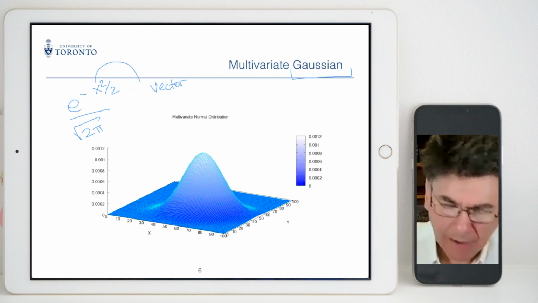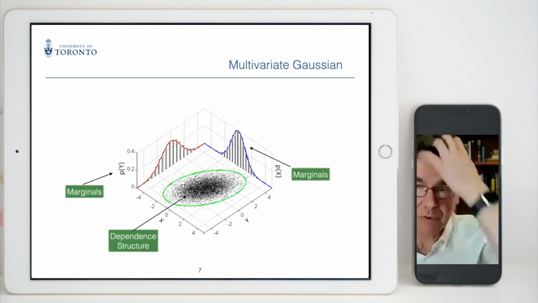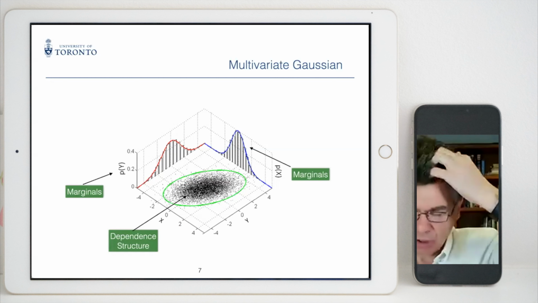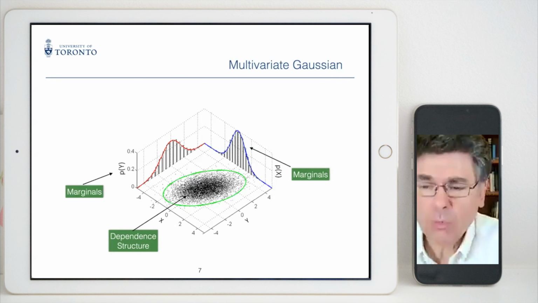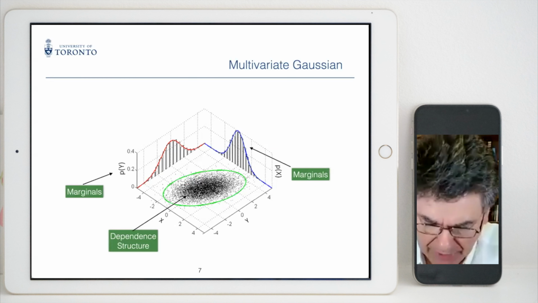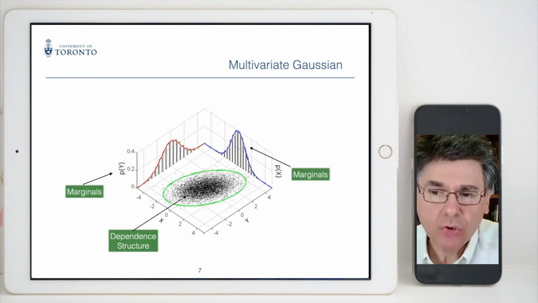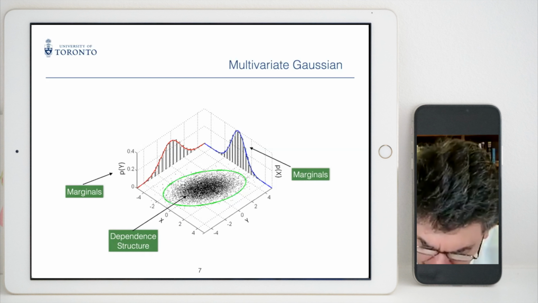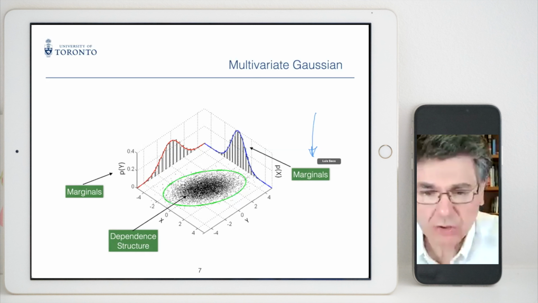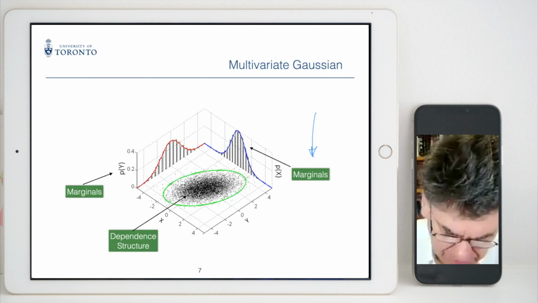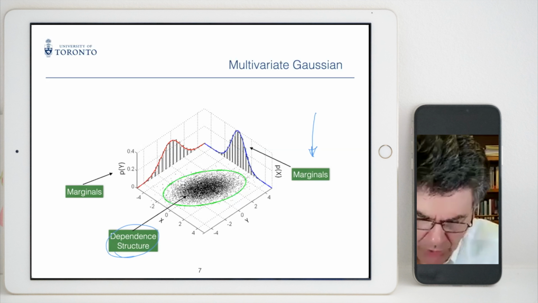I assume you know this, but when it comes to Monte Carlo, there are some considerations that I want to describe. When we talk about any multivariate distribution, in particular the Gaussian, there are 2 important elements to the distribution. One is the distribution of the marginals, and the other is the dependent structure. So what are the marginals?